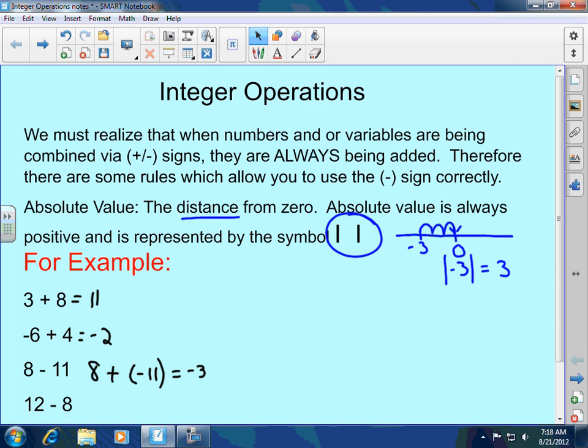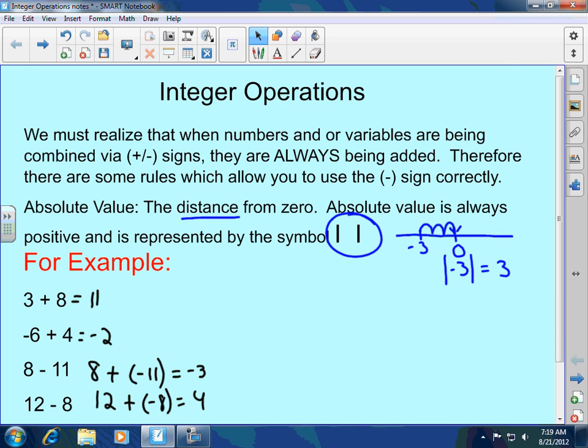If I've got 12 minus 8, this really means 12 plus a -8, which is going to equal 4. Okay, so whenever you're combining numbers with positive and negative signs, you're really adding them.